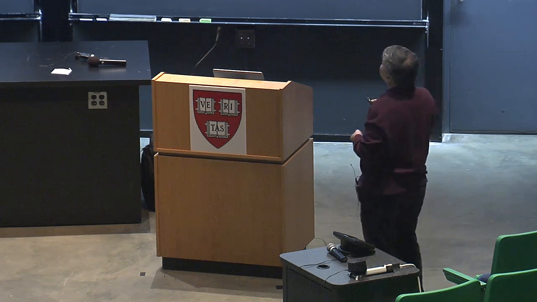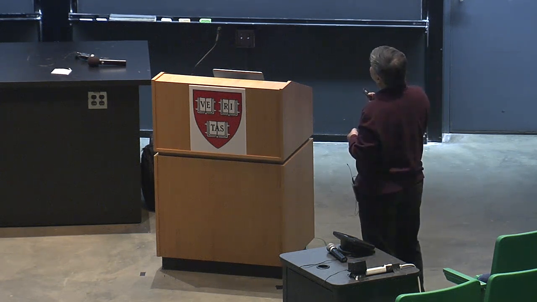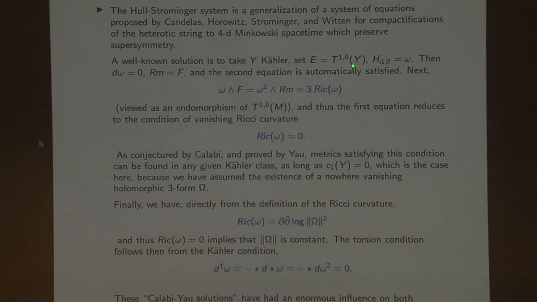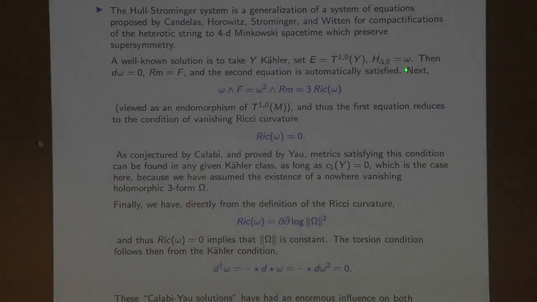So in fact, this Hull-Strominger system is a generalization of a system of equations proposed by Candelas, Horowitz, Strominger, and Witten for compactifications of the heterotic string which preserve supersymmetry. Now, the way you can see this is the following. Let's take one solution, which is the case of Y Kähler, and then take this bundle to be just the tangent bundle, in which case you can take the metric on E to be the same as omega.